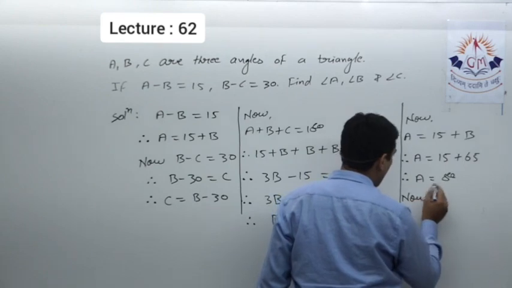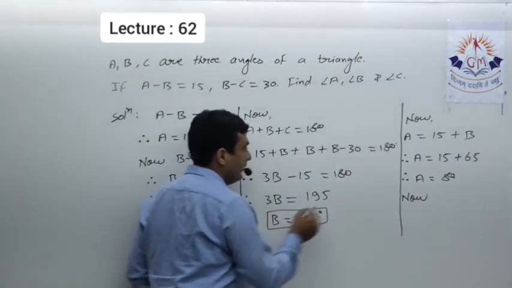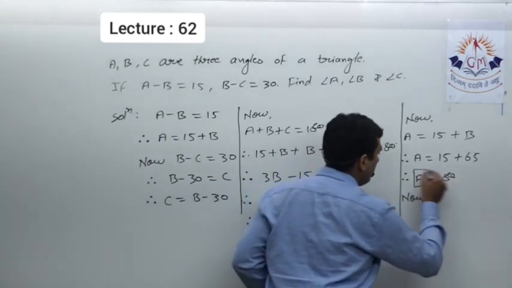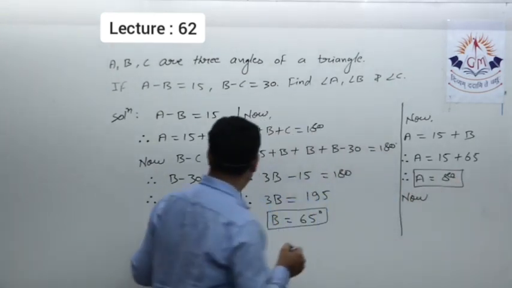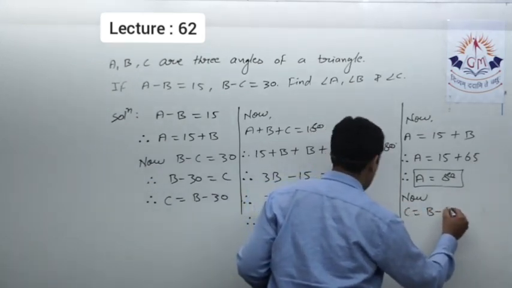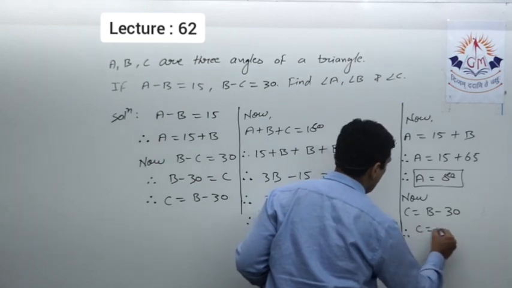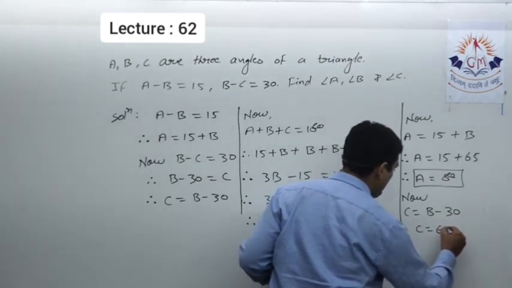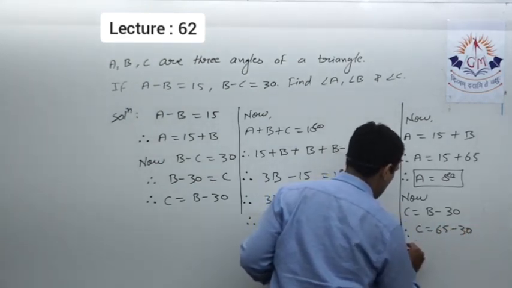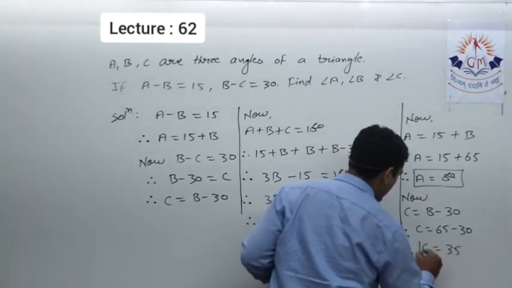Okay, so now I have the measure of A and B, so I can get the measure of C from here. Now C is equal to B minus 30. Therefore C is equal to 65 minus 30, and hence C is equal to 35.